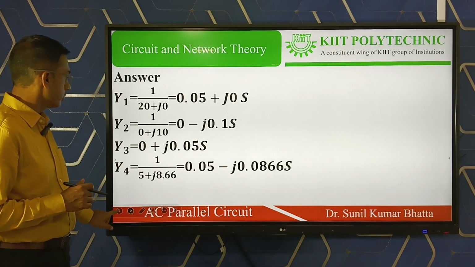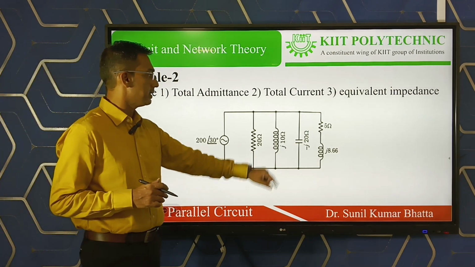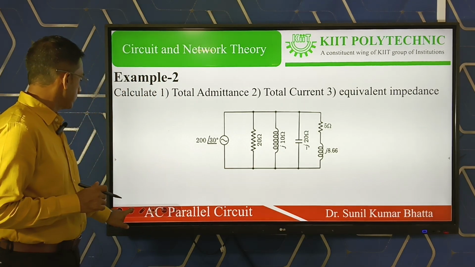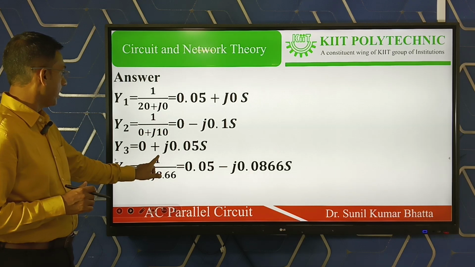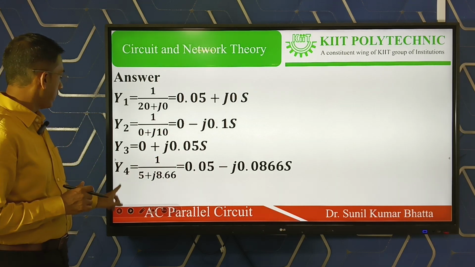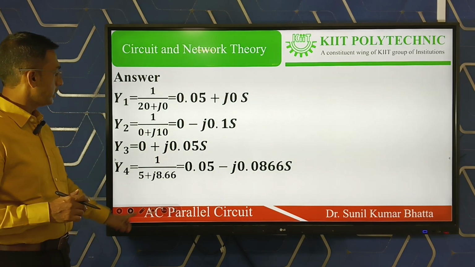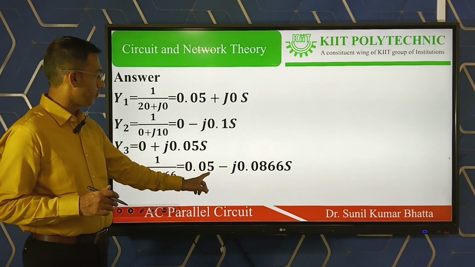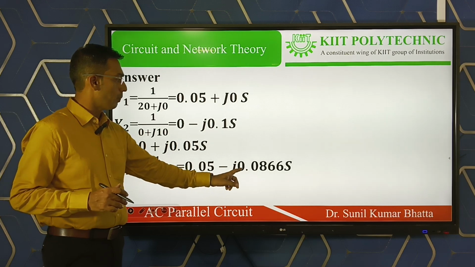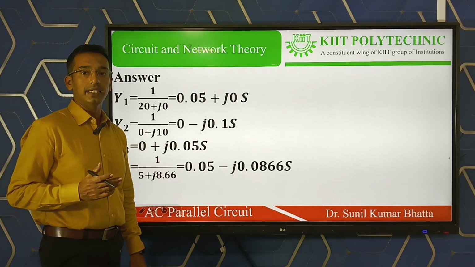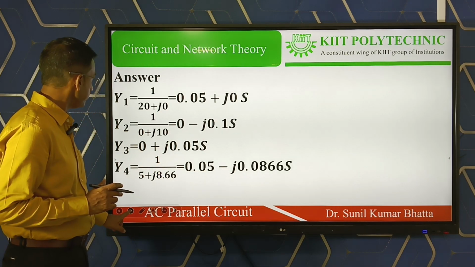Then Y3, the capacitive reactance, minus J20, is connected. The final values I have written only, and Y4 is 1 by 5 plus J8.66, and the final value comes to 0.05 minus J0.0866 S, meaning Siemens.